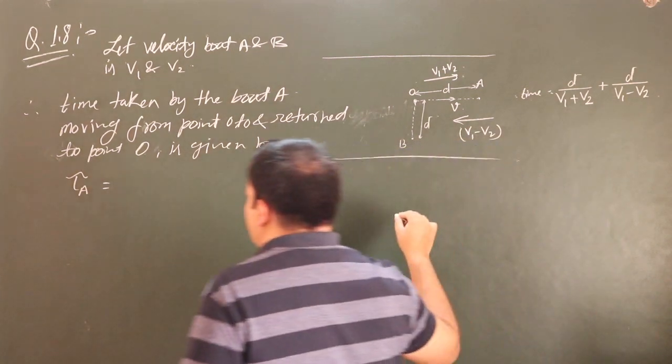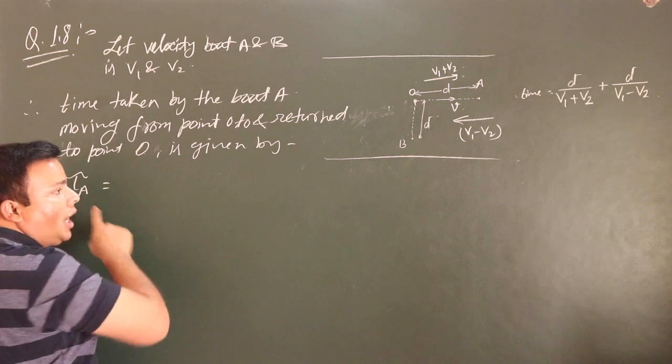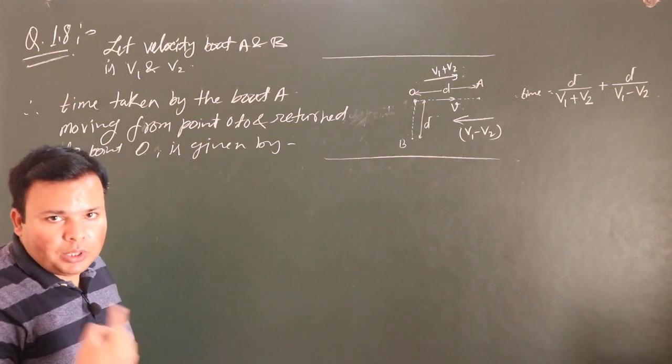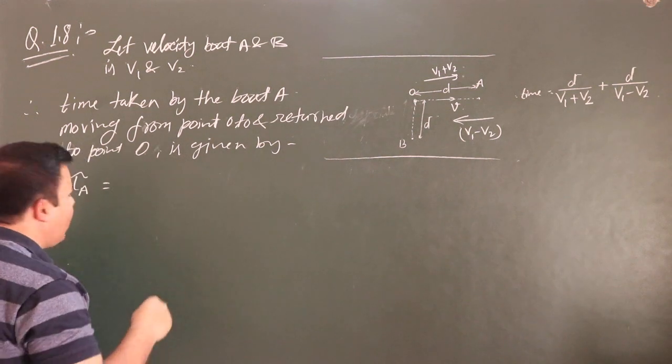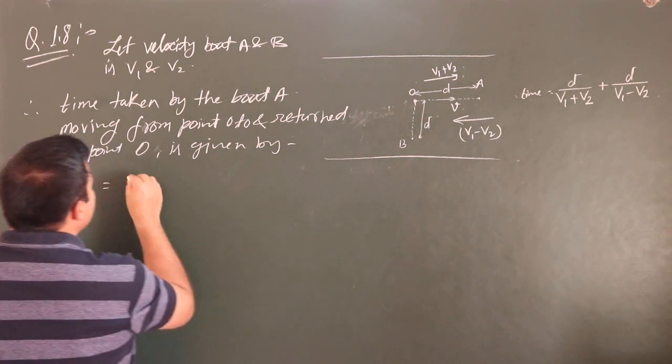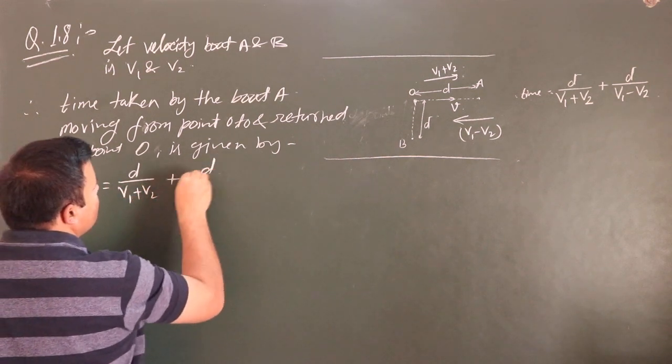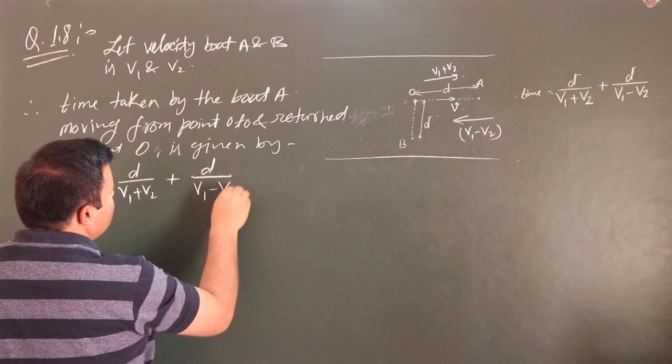Hence the time taken by the boat A moving from point O to A and returning to point O is D upon V1 plus V2 plus D by V1 minus V2.